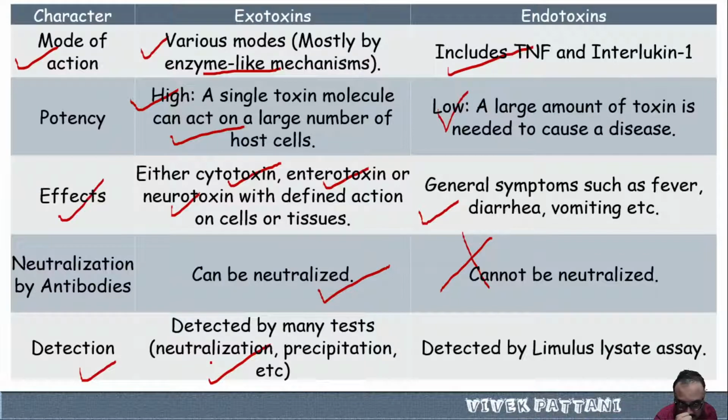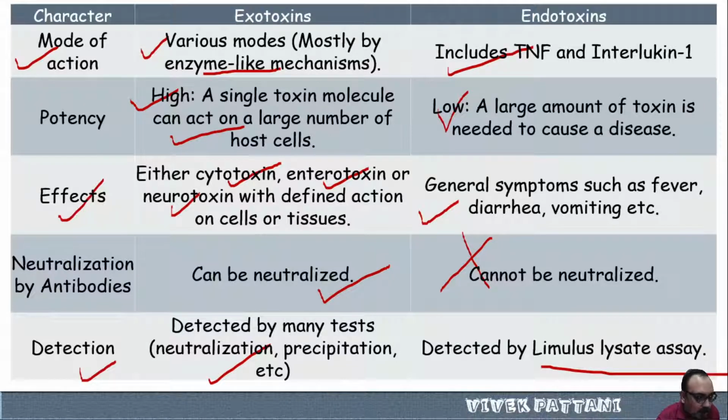Now, in the case of endotoxin, it is detected by the limulus lysate assay. And what is limulus? Limulus is just a horse crab, through which we can detect the endotoxin.